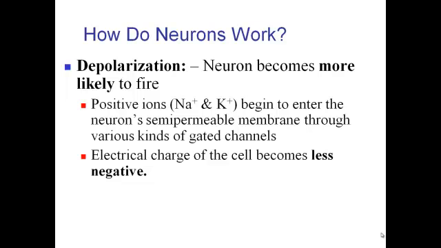The positive is going to be attracted to the negative. So the positive ions, the sodium and the potassium, are going to start coming in. Right? And this is a process called depolarization. When the neuron is depolarizing, it is becoming more likely to fire.